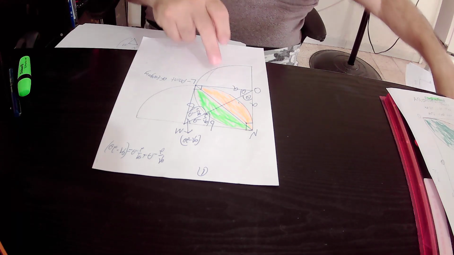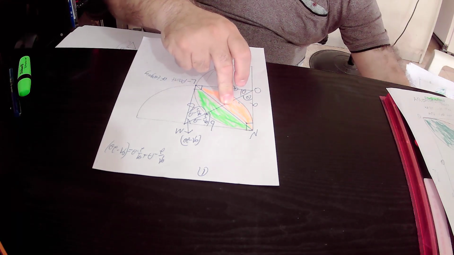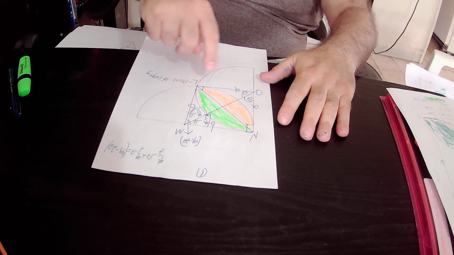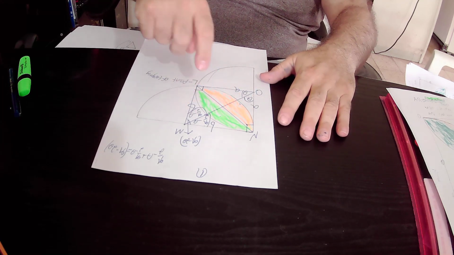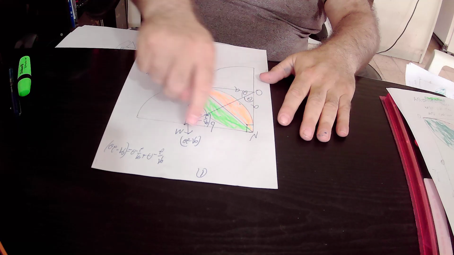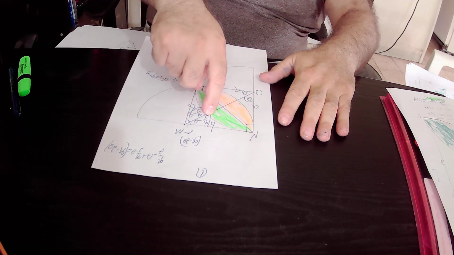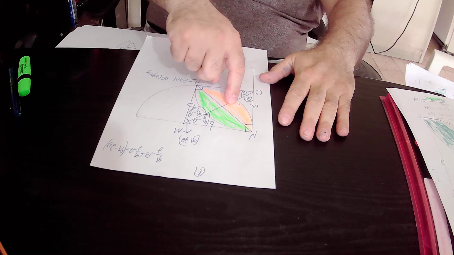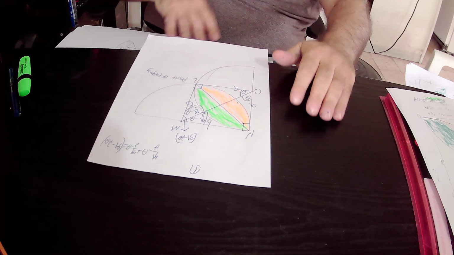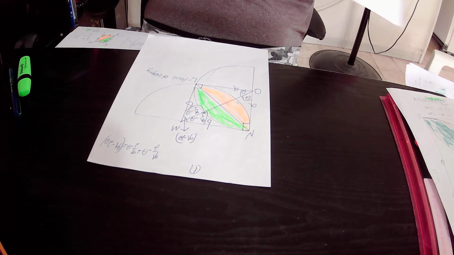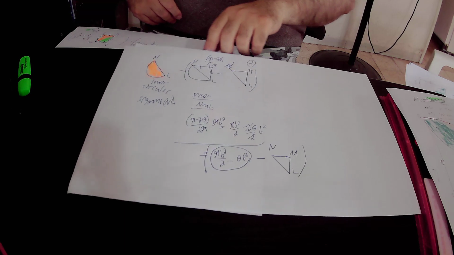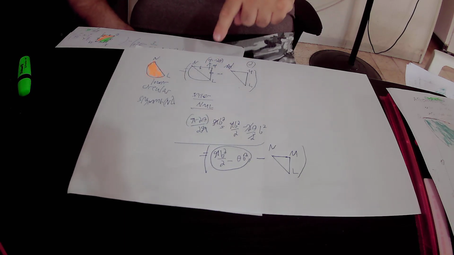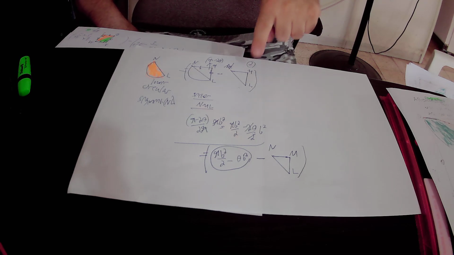In the next step, we calculated the area of this lower circular segment. It is equal to the area of sector NML minus the area of triangle NML. Again, the area of sector NML minus the area of triangle NML gives us exactly the area of lower circular segment NL, in the orange color.